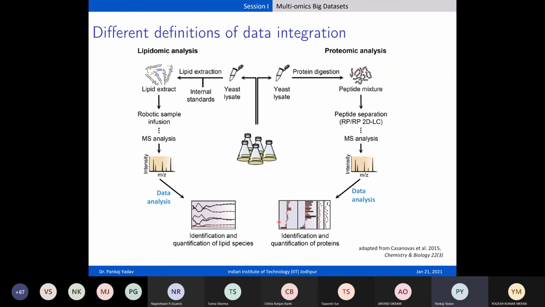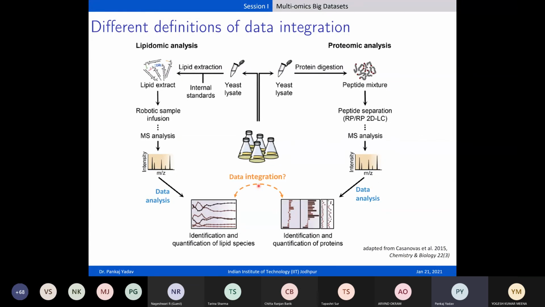So now, what is integration? You need to draw some conclusion as to why, given this lipid profile, you are observing this kind of protein expression, right? This will basically be one kind of data integration.